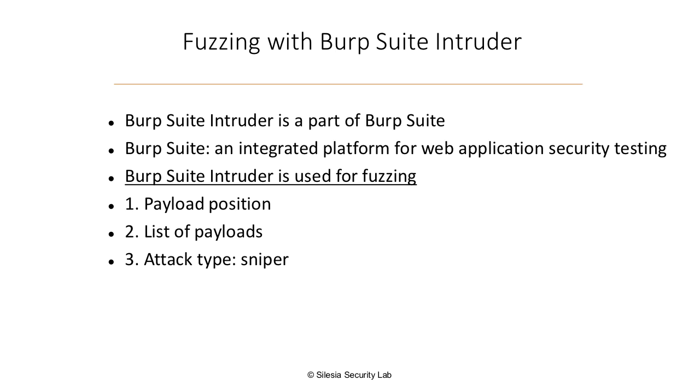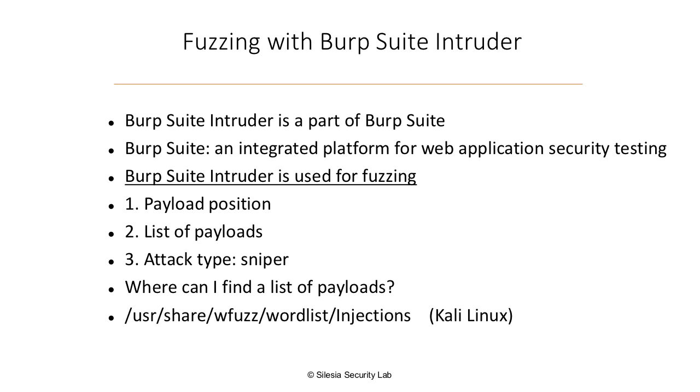Okay, now the question that probably comes to your mind is, where can I find a list of payloads? Because you really need a good list of payloads for your fuzzing. And let me give you one really nice directory with payloads that you can use for fuzzing.